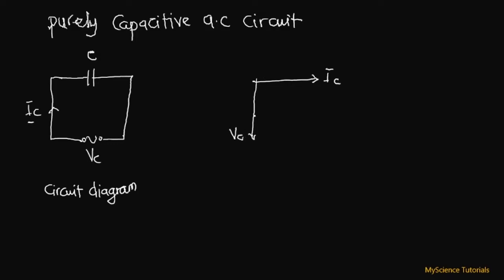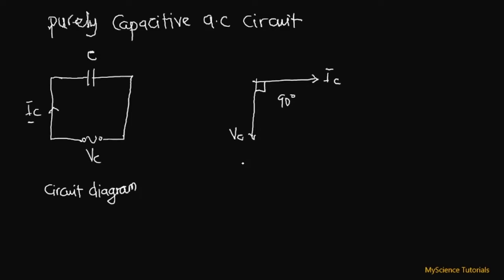The angle difference between the capacitive current and the capacitive voltage is 90 degrees, as we can see. So this is what we mean by, in a capacitive AC circuit, the current is leading the voltage by an angle of 90 degrees.